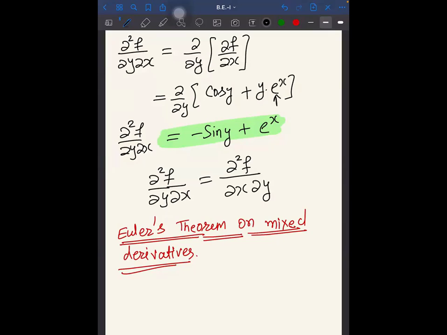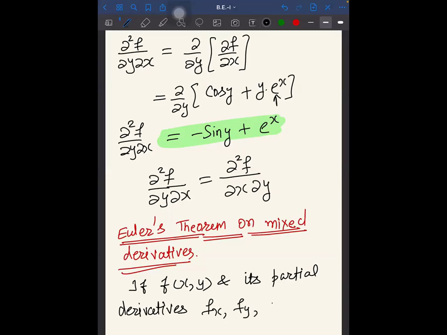So what is the condition where these two things will be equal? That is if f of x, y and its partial derivatives, keep in mind, with respect to x, with respect to y, with respect to xy, and with respect to yx, okay?